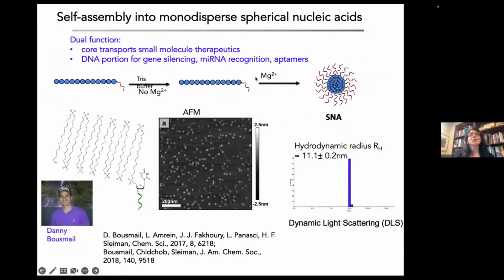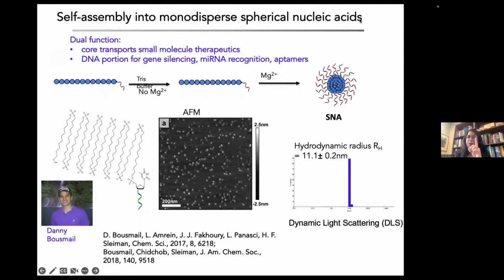So this is a single molecule, and hundreds, maybe 50, of these molecules are going to assemble into spheres where the inside is made up of the hydrophobic C12 chains and the outside is made up of these DNA strands. We're going to call these spherical nucleic acids.